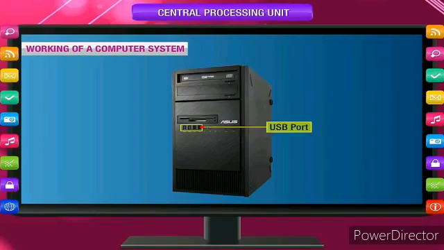USB port: there are usually two USB ports in front of the CPU cabinet and two at the back. Nowadays, most of the input and output devices are attached through USB ports. A pen drive is also attached with this port only.